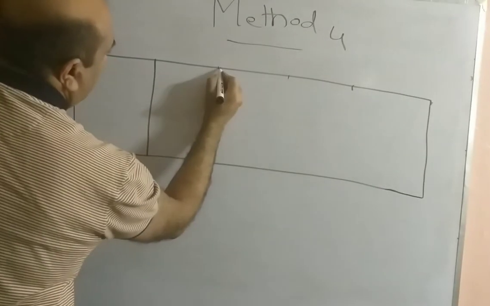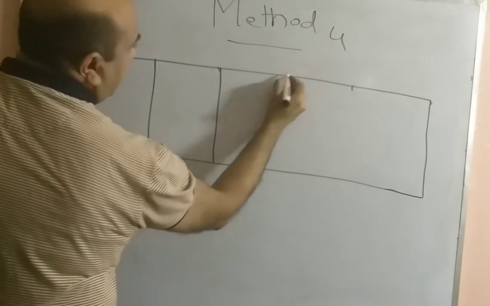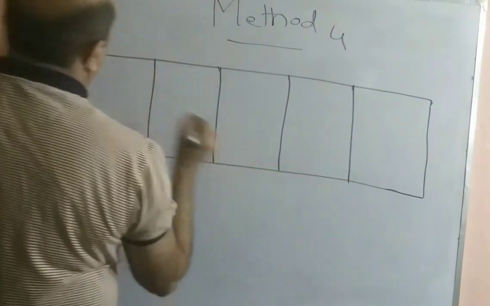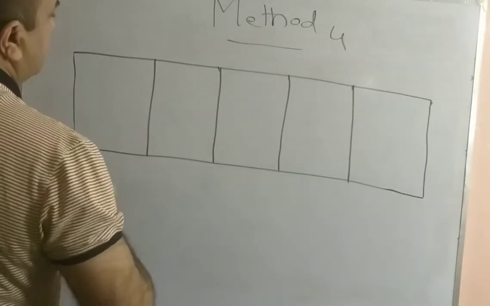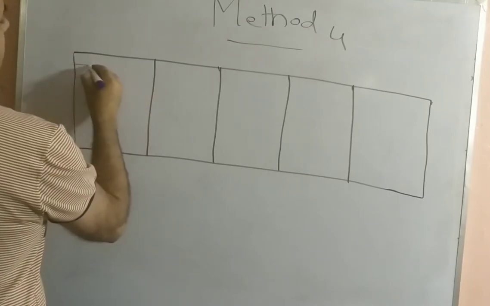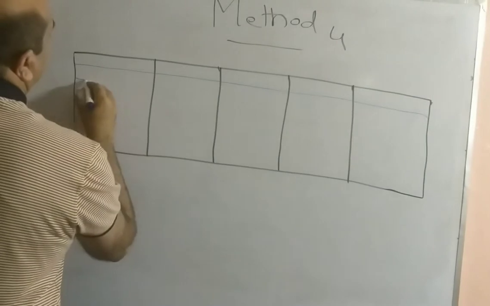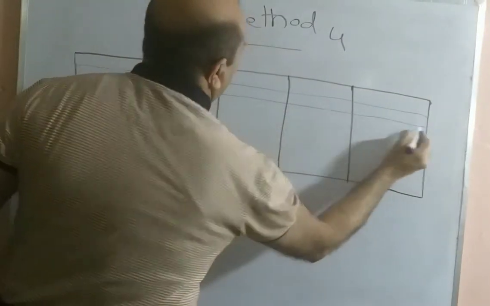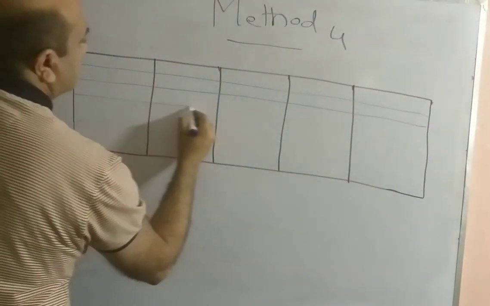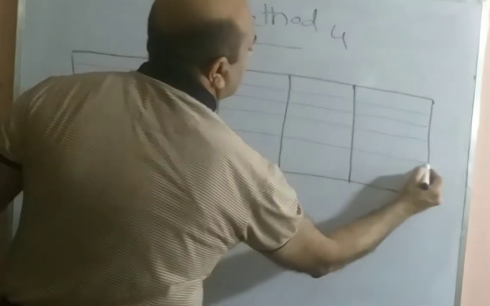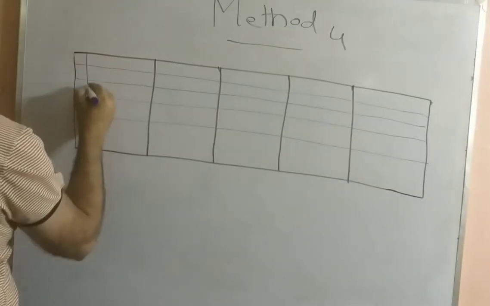This is one large box, this is second, this is third, and this is fourth. Okay, let me make small boxes here.